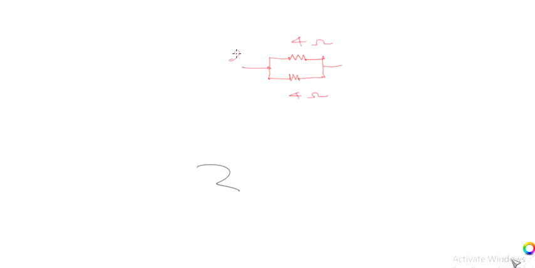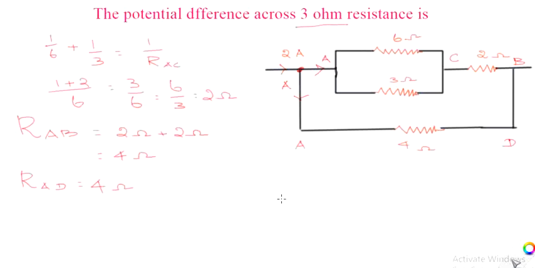That means 2 ampere enters, and both have equal resistance. Therefore, the current divides in equal amounts. Here 1 ampere and here 1 ampere. Therefore, 1 ampere enters here, 1 ampere enters here.